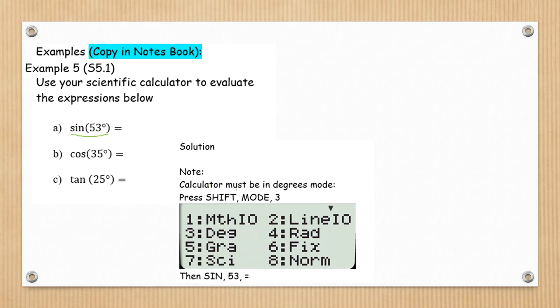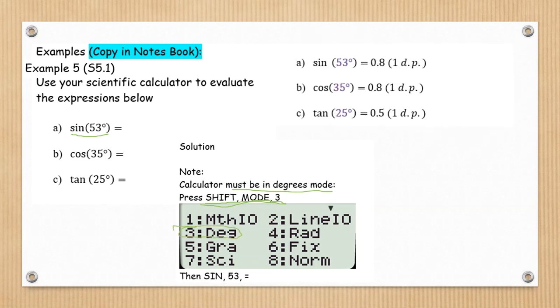So as I said before, make sure you're in degrees mode. So we press shift and mode 3. So we need degrees. And there are answers. Notice that I've rounded to one decimal place. So make sure you can do those.